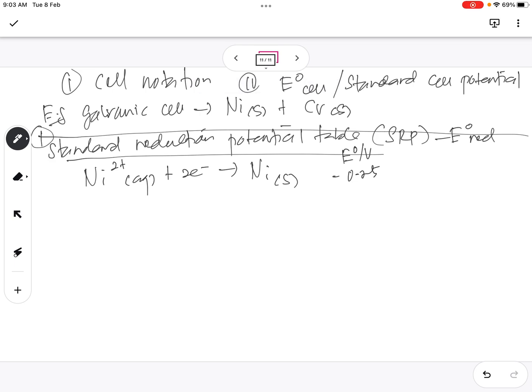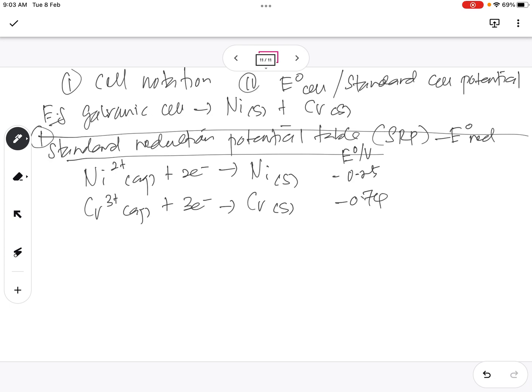So E naught volt is negative 0.25. Okay, then we go to chromium. Chromium is negative 0.74. So chromium 3 plus aqueous plus 3 electrons to chromium solid, negative 0.74.